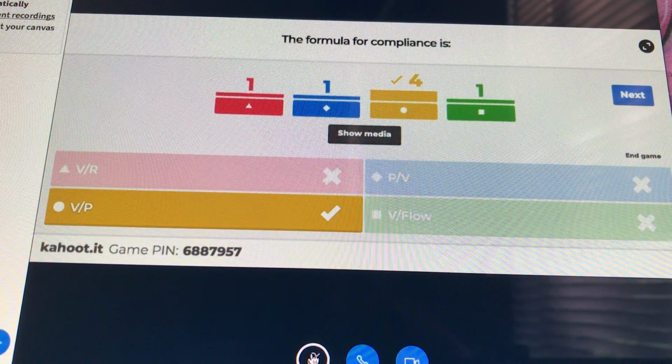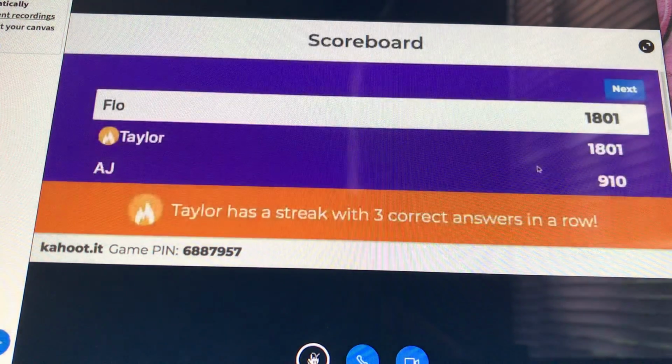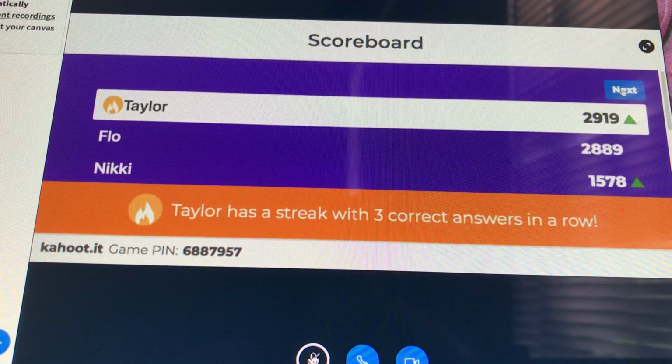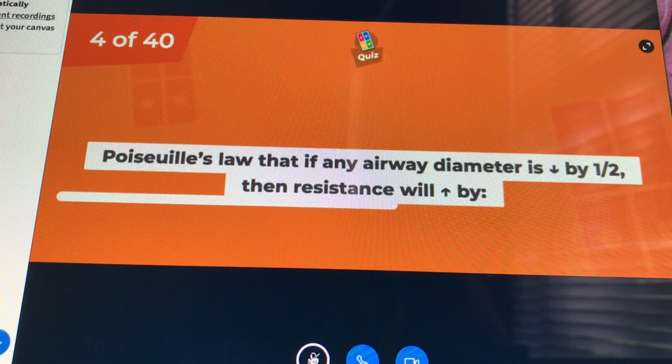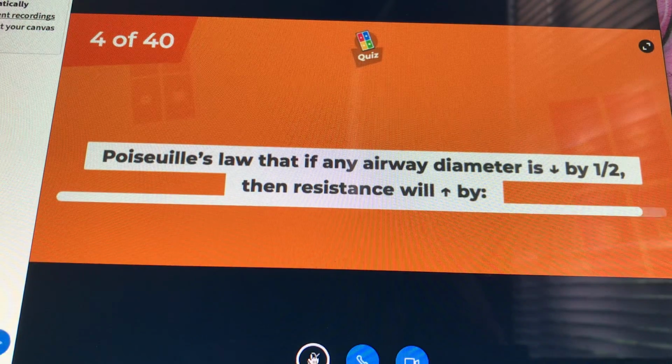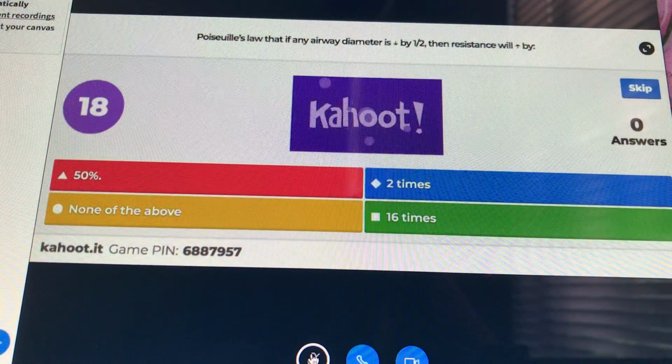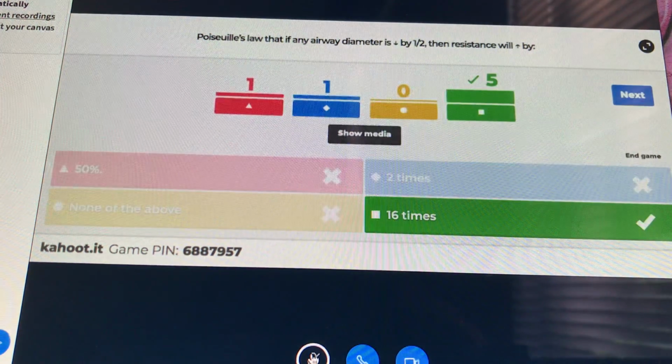So volume over pressure is always your formula for compliance. Poiseuille's law states that if any airway diameter is decreased by half, then resistance will increase by. Good, 16 times.